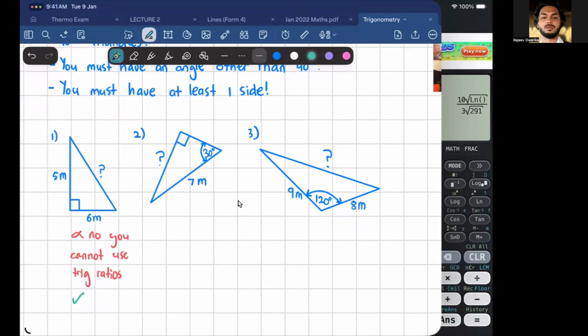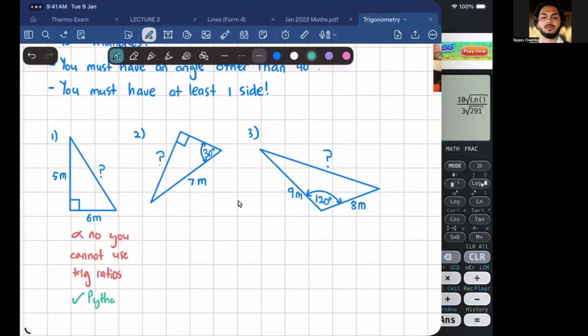Because it has two sides and it's a right angle, what else could we use? For right angle triangles, there are only two things you could use: trig ratios and Pythagoras theorem.